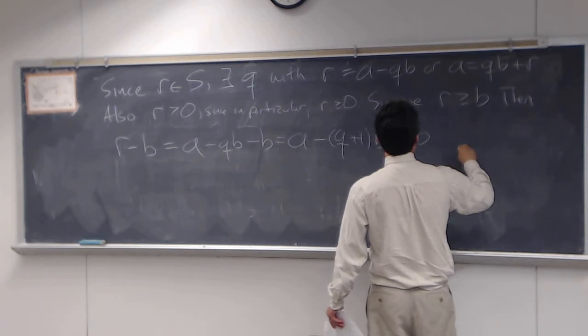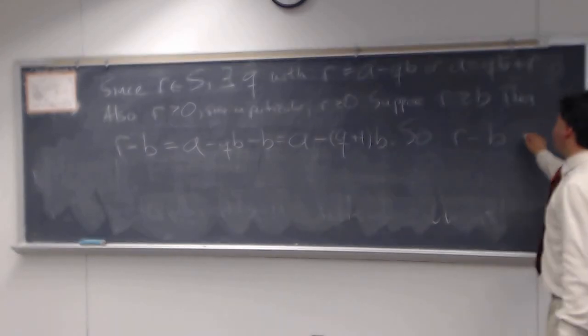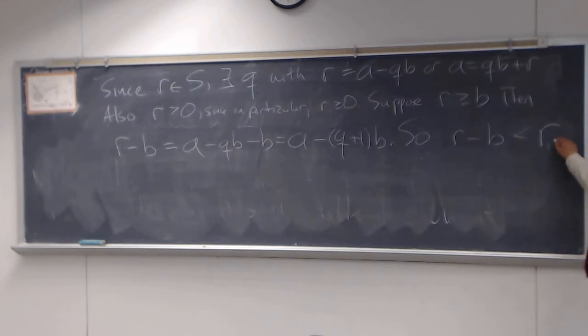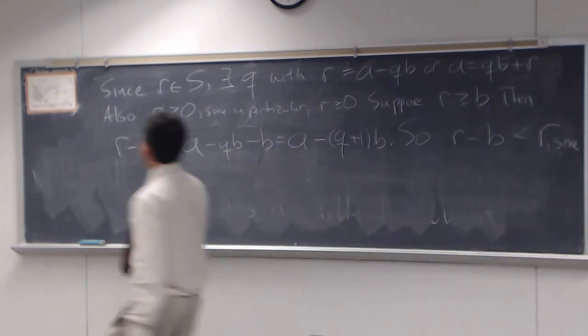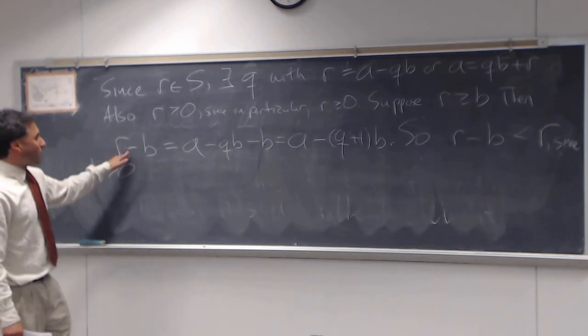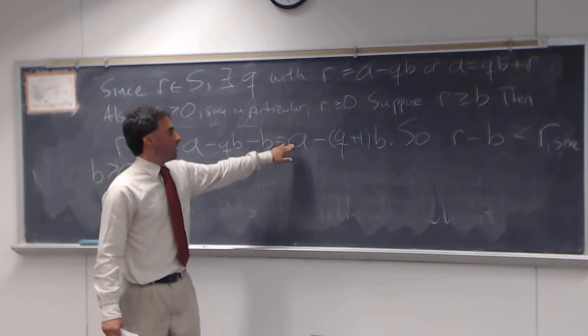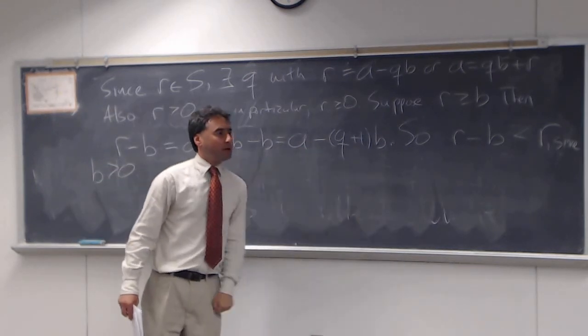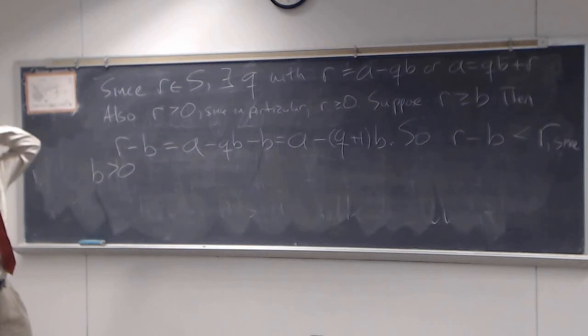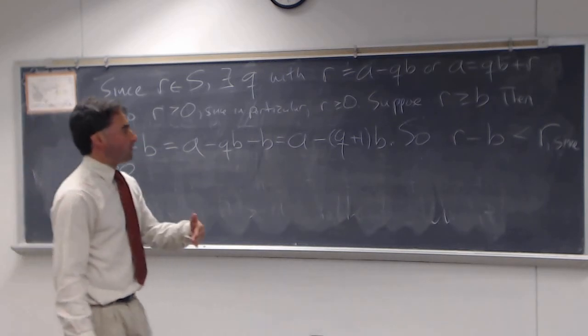So what do we know? We also have, since B is positive, R minus B is strictly less than R. But yet, R minus B is in the form A minus an integer times B. So it looks like we may have a contradiction, that R minus B would be smaller than the least element.